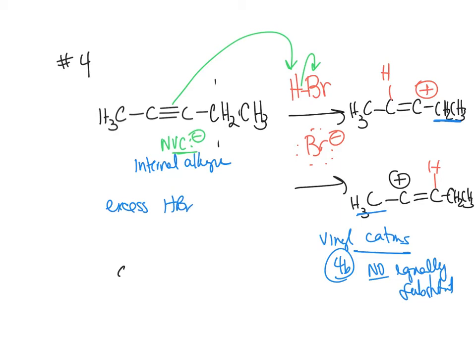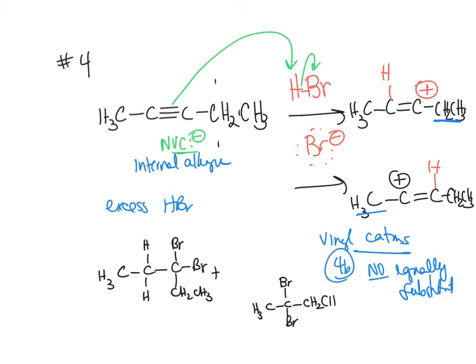So you're going to get Br, Br, CH2, CH3, and you're also going to get this compound. So you're going to get a mixture of both of these compounds in equal amounts. All right, number 5.